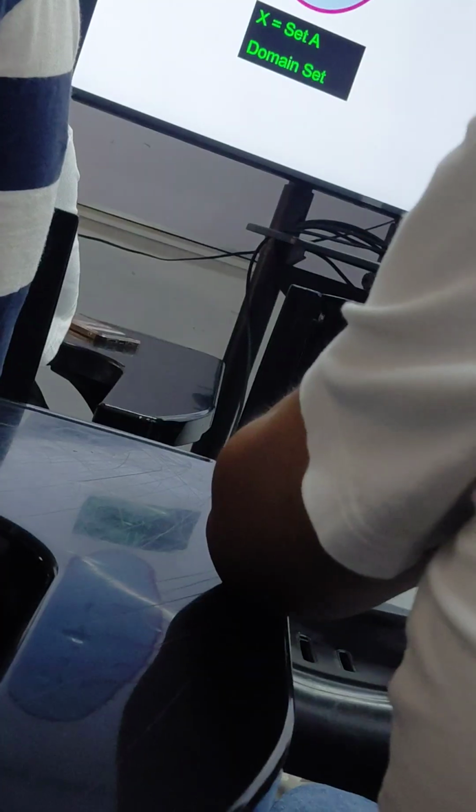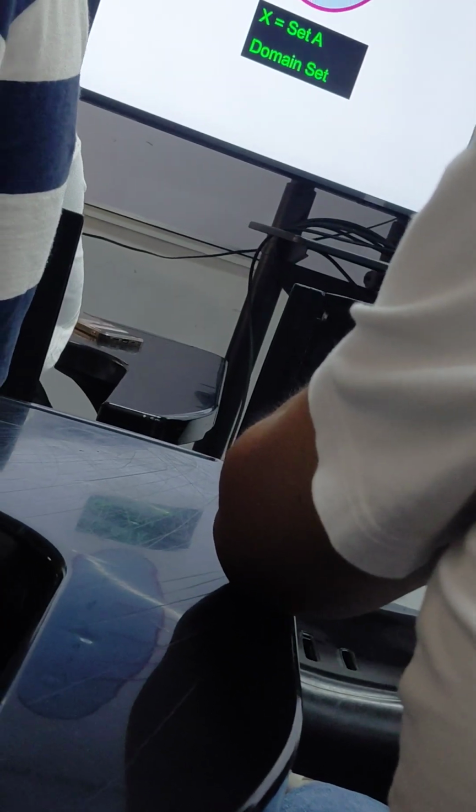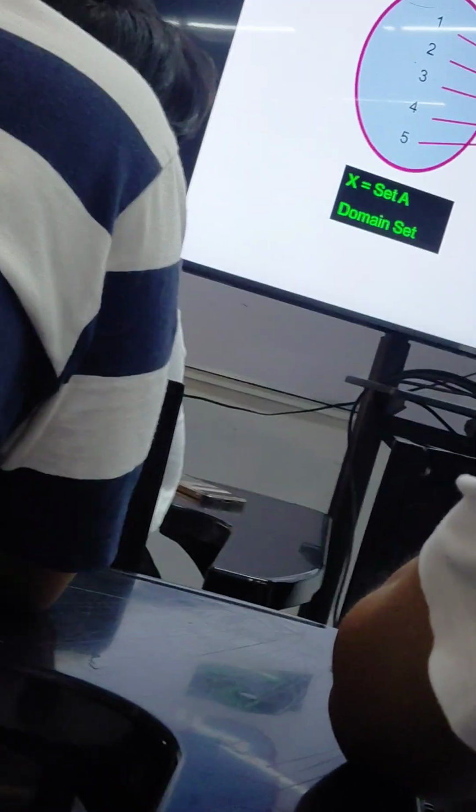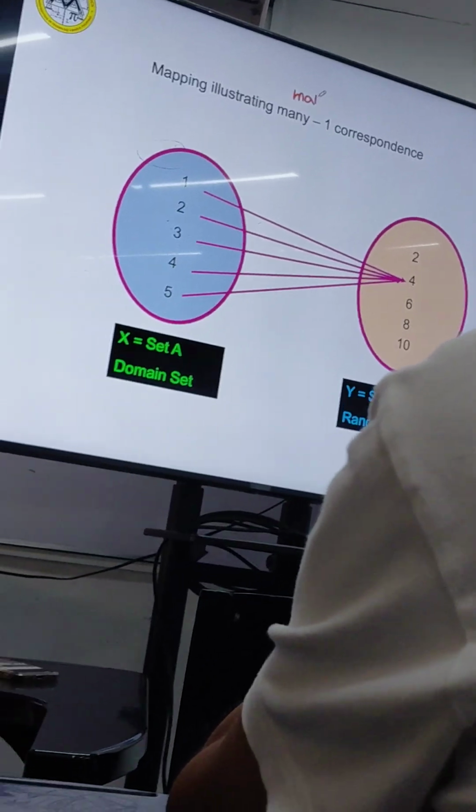Now this one is many to one, no? And this is not a function, so relation lang yan. Many to one, bawal yung parehas sa ano.